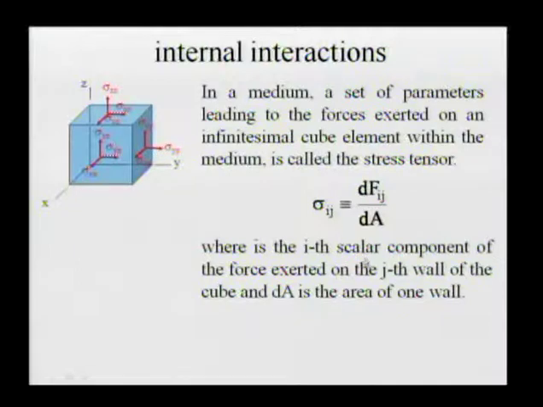These i and j refer to appropriate components. All right, the first subscript, i, says which scalar component we have to take in evaluating stress, and subscript j tells on which wall.